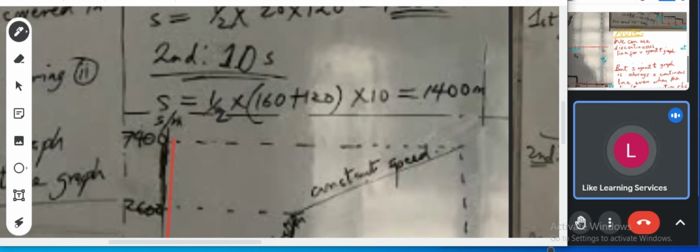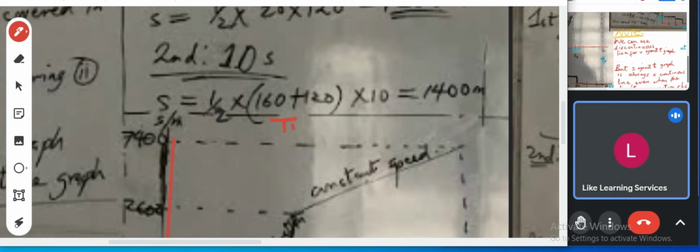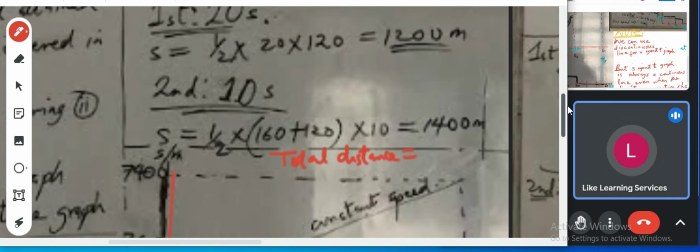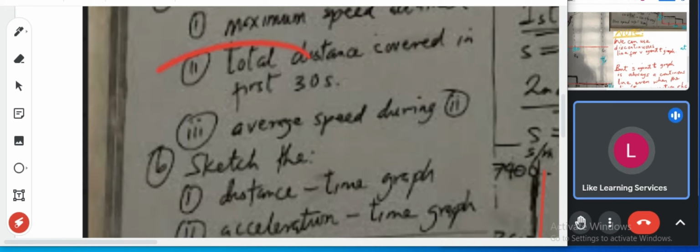That's 1,200 plus 1,400, which is 2,600 meters. This plus this, because it says the total distance for the first 30 seconds. Are you with me?